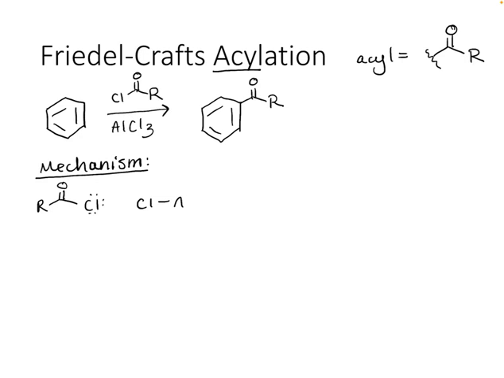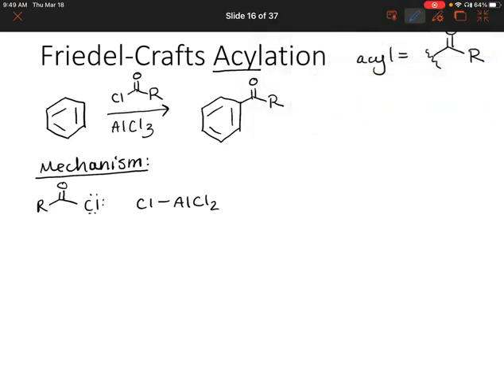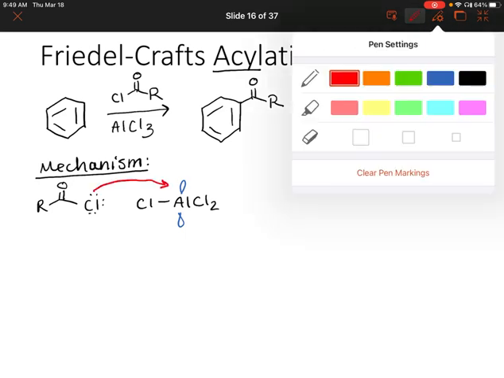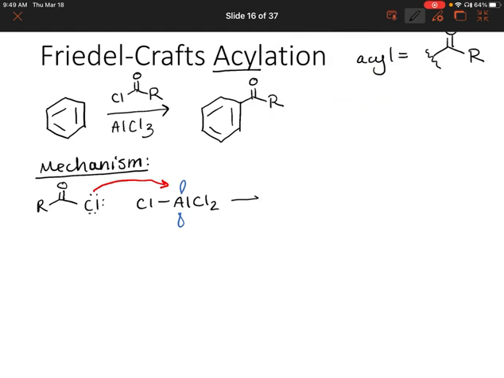And again, we're going to see a reaction with aluminum trichloride because it's a good Lewis acid. So chlorine will donate its electrons into that empty p orbital on aluminum. And we form that same adduct that we've seen before, where aluminum is negatively charged and chlorine is positively charged.